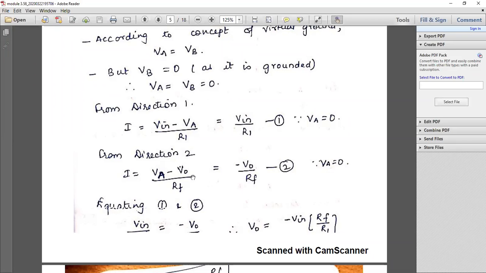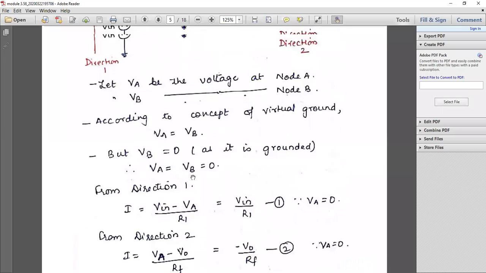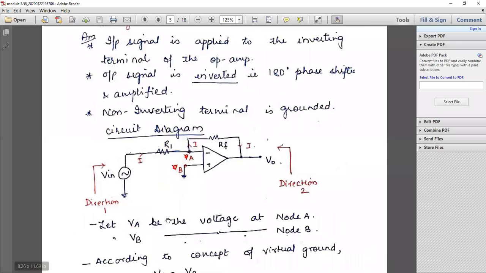Now, equating equation 1 and 2. Why are we equating them? Because one important characteristic of an operational amplifier is its very high input impedance. Due to the high input impedance at the input terminals, the current cannot enter into the op-amp.